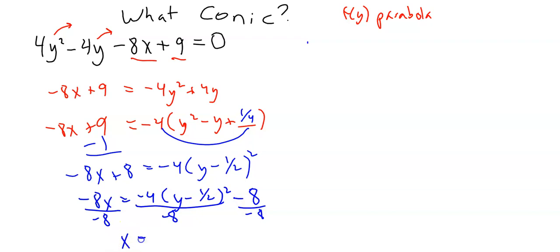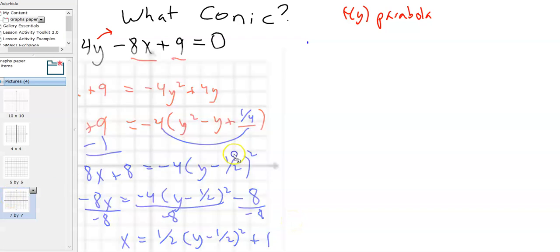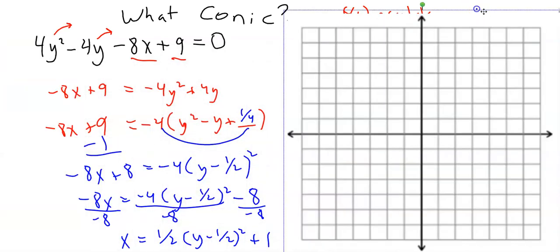So we get x equals 1/2 times y minus 1/2 squared plus 1. So if I'm graphing that, this is where you really have to be careful with h and k. So h is really the positive 1 there, and the k is 1/2. So 1, 1/2 is my vertex.